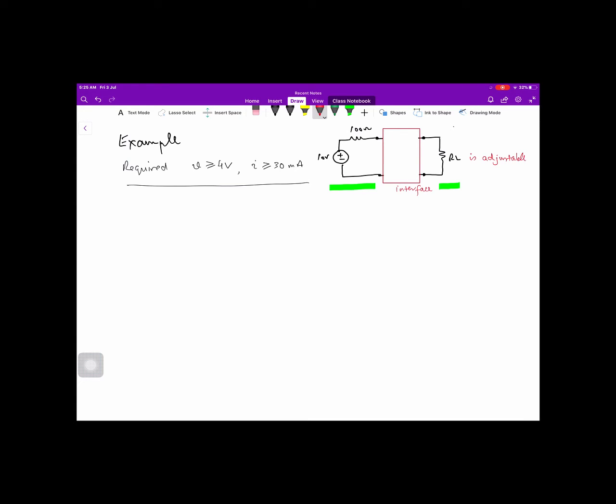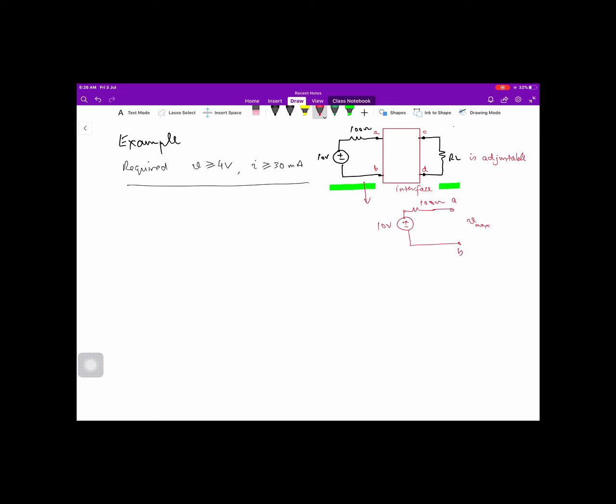When the load is adjustable, the case is very simple. If I redraw the source circuit over here, this is 10 volts, this is 100 ohm, and this is a pair of terminals A, B, and this pair of terminals C, D. Now for A, B, we would like to see what the maximum voltage is, V maximum.